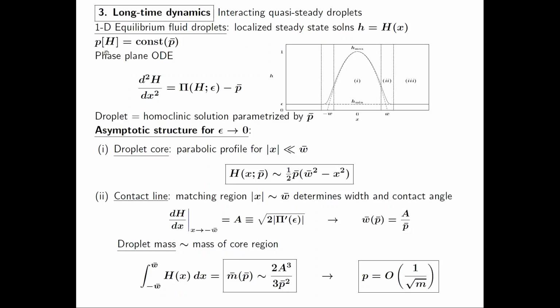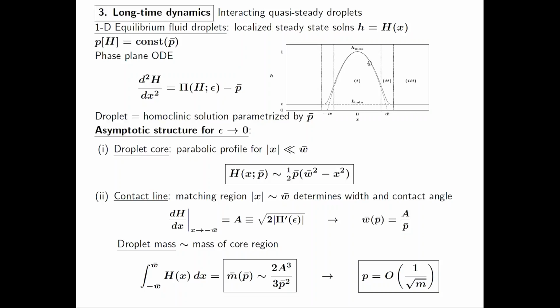That's given by setting the pressure equal to a constant. That reduces the fourth order PDE down to just a second order phase plane. And a droplet profile is going to be given by a homoclinic solution of this second order phase plane equation. So starting from that thin layer, epsilon, an excursion, and then back to that.